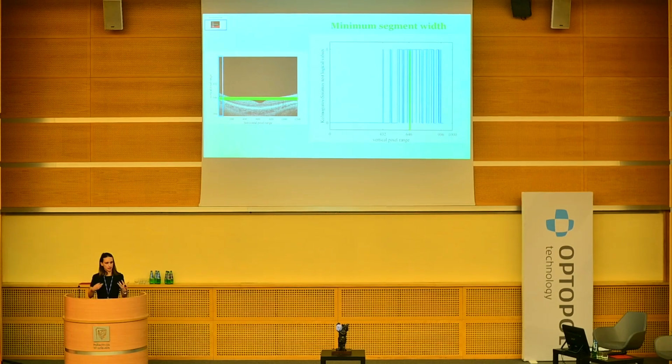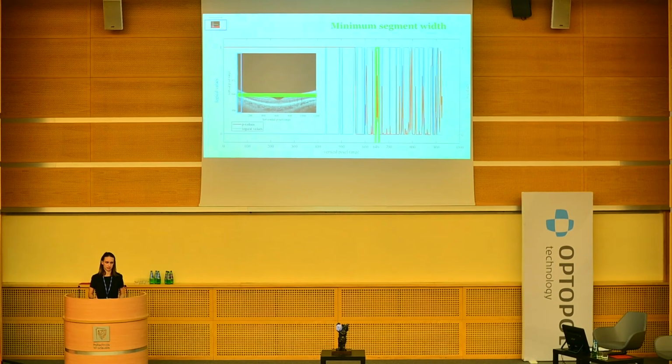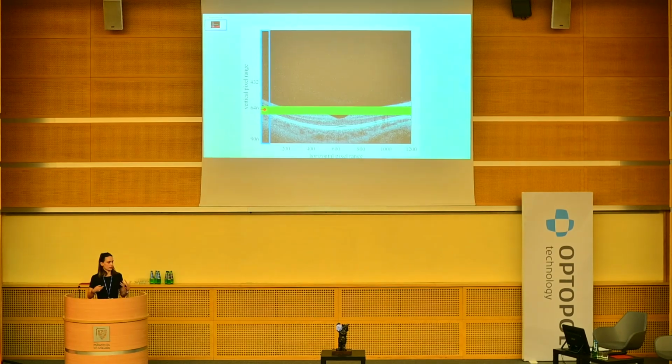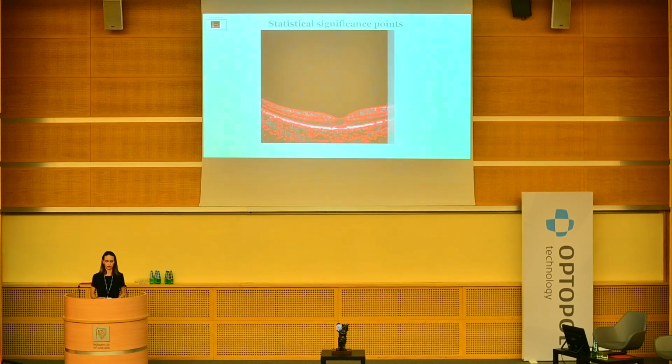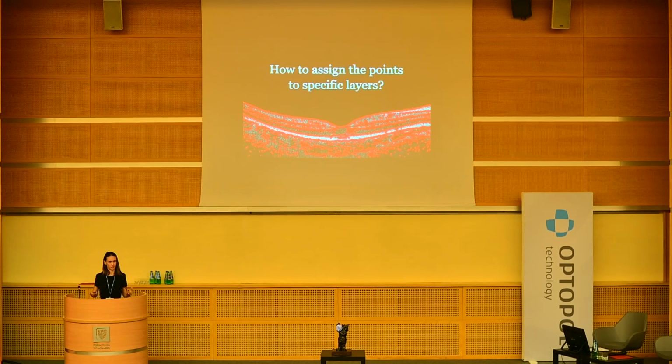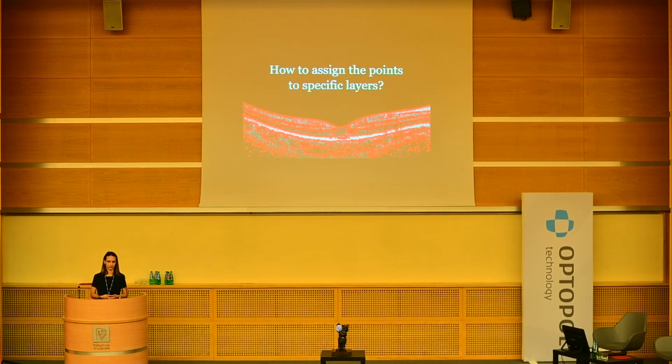And after that, within each of the segments, the p-value minimum is searched for. With the information about the p-value minima from all the segments, the matrix of the points of statistical significance is built. Although the result is, again, satisfactory, it still contains points in their unsorted form.